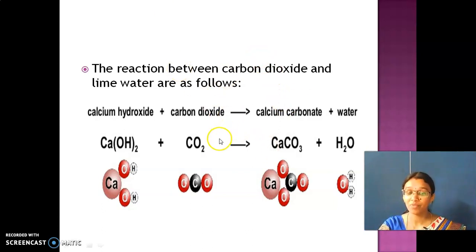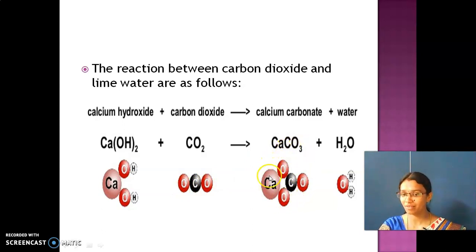Okay, look here. CO2. First water comes out. Here we have one Ca, calcium, and OH, one hydrogen and one oxygen. The chemical formula is represented here in picture form. CO2, one carbon, two oxygen.